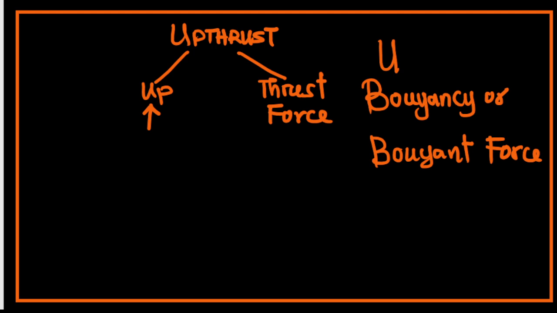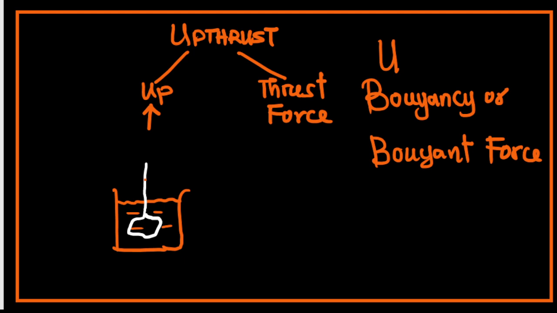Okay, now say we have a liquid in a container. This is a container, and this is a liquid in a container. You have an object immersed in the liquid as shown in this diagram. What are the things we can experience here?